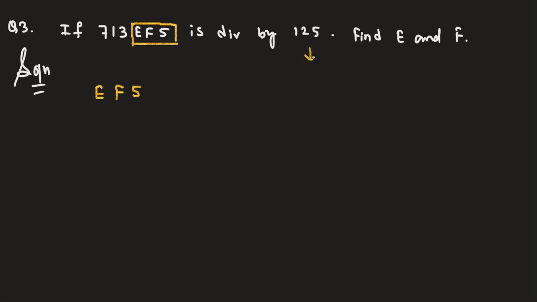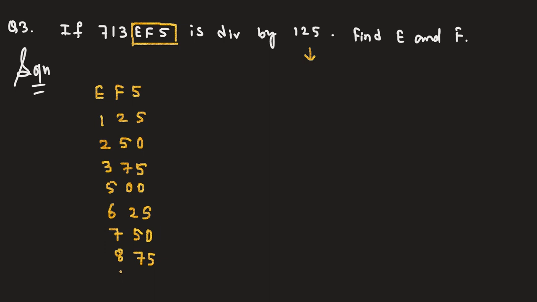So now for 125, we can take the multiples of this number. It is 125, then 250, then add 125, 375, then add 25, 400, then 500, then 625, then 750, then we have 875, then 900 and 1000, which is not required.